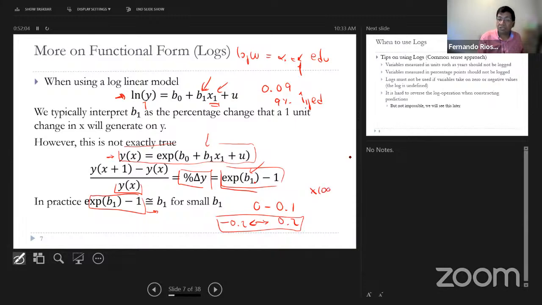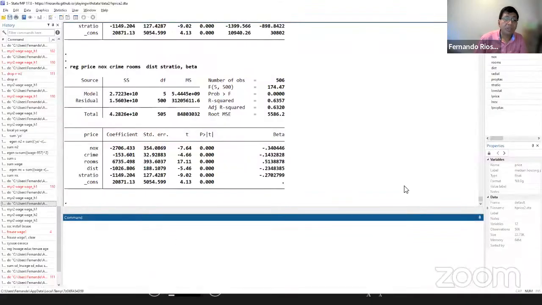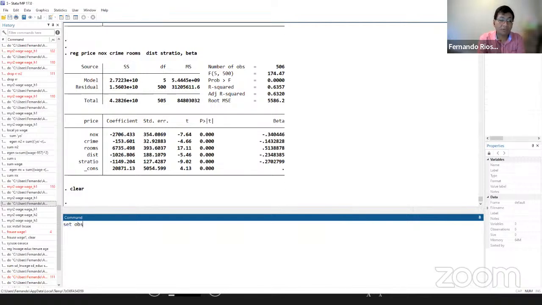Easy, no changes. However, when the coefficient is larger than this, it's probably better to apply this transformation over here. Now, how much of a difference is that transformation going to make? So let's do a simple example.